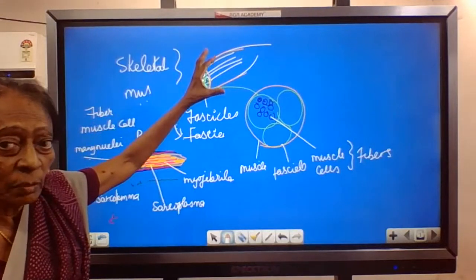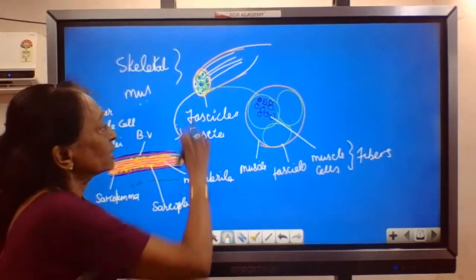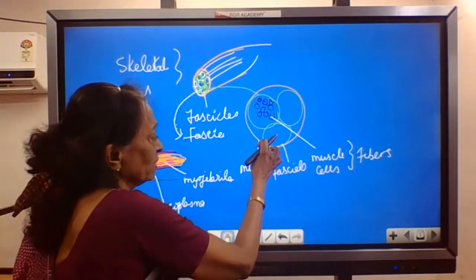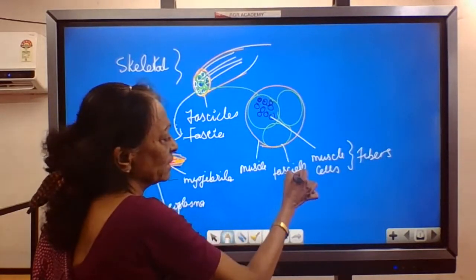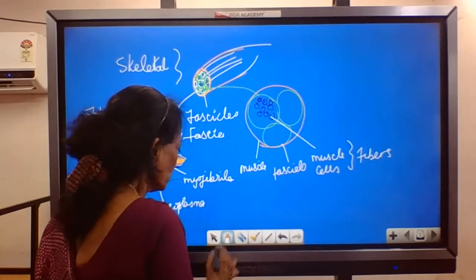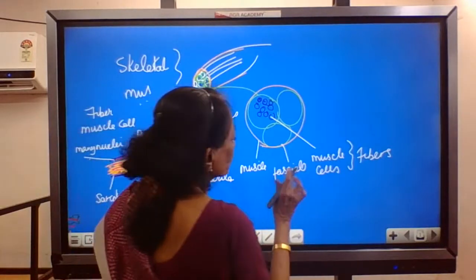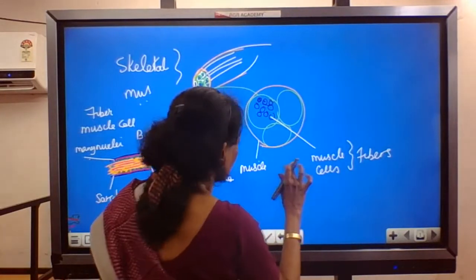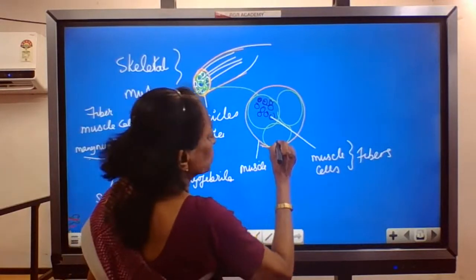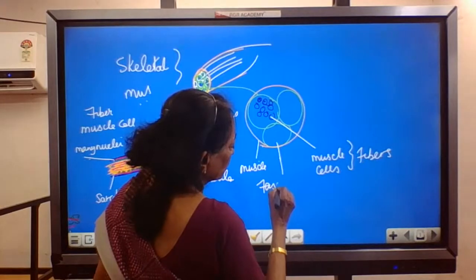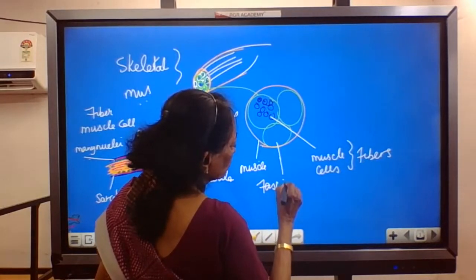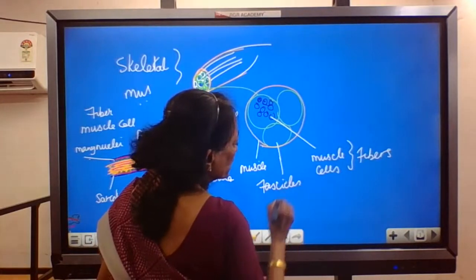Now take it again. A muscle is made up of bundles, and each bundle is known as a fascicle.